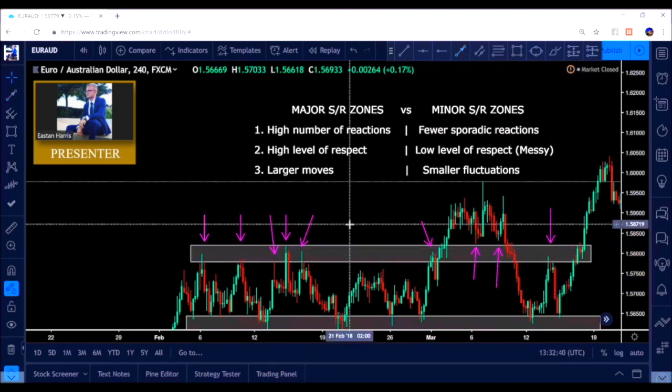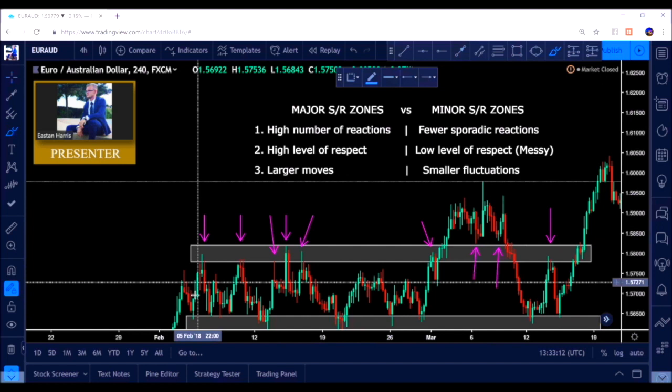We've got at least 9 interactions across this support and resistance zone. All right. Question number 2. Does this support and resistance zone hold a high level of respect from the market? Does price react to this area and do as you would expect it to do?